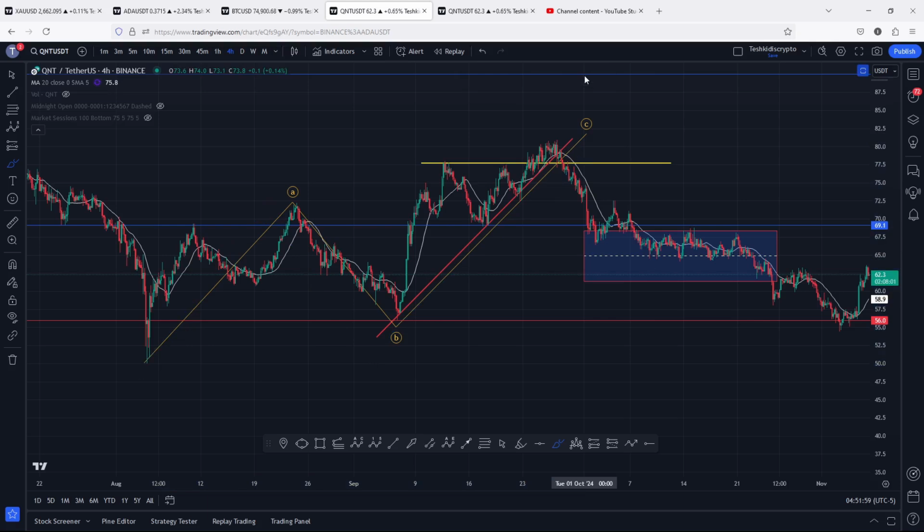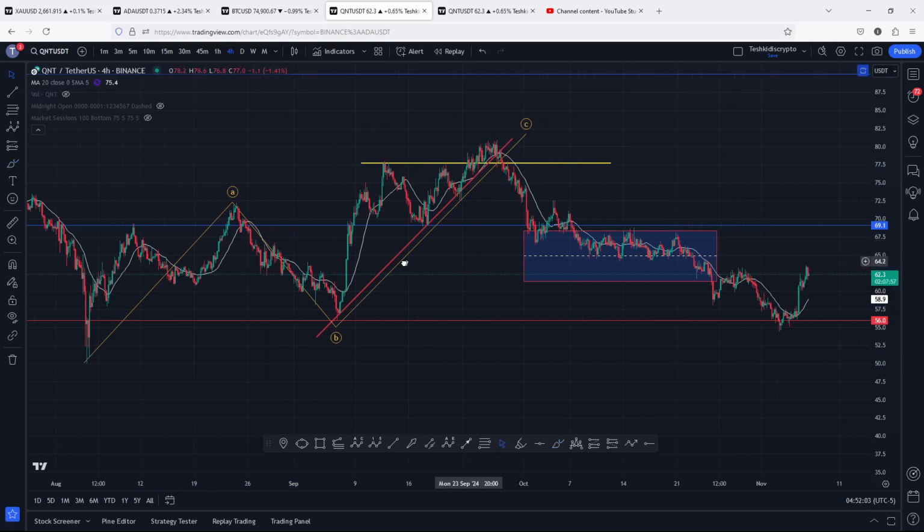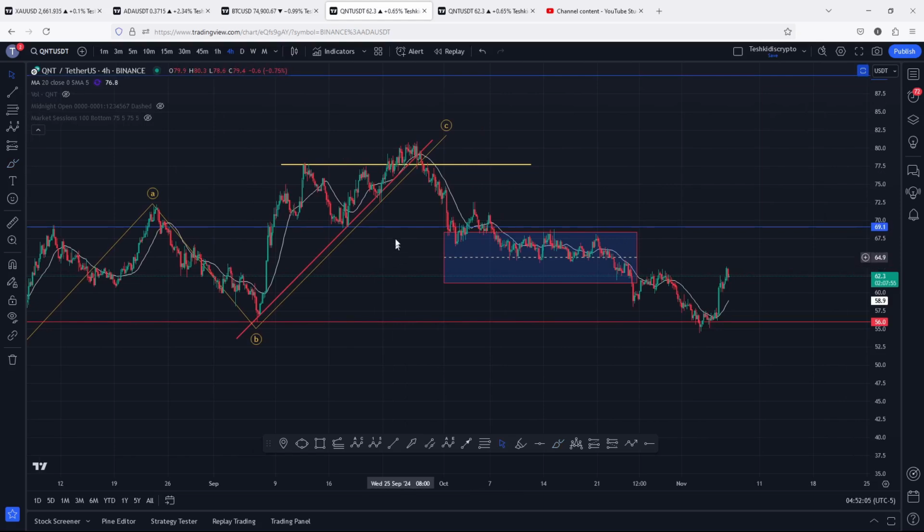And after we peaked in that ABC corrective structure, we started another movement to the lower side, where you can see that we have continued to lose significant key areas of support, like this area that lies between the $68.4 and the $61.3. And in that breakdown move, we were able to find support above the $56, which has now slightly given us a bit of a short-term bounce to the upside.